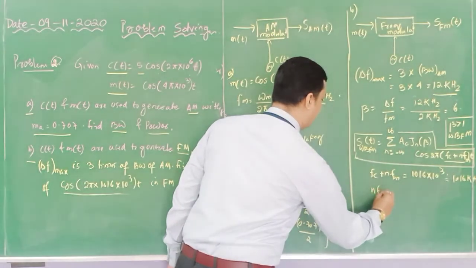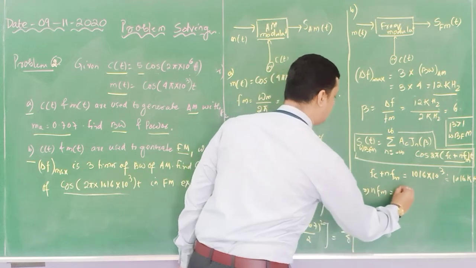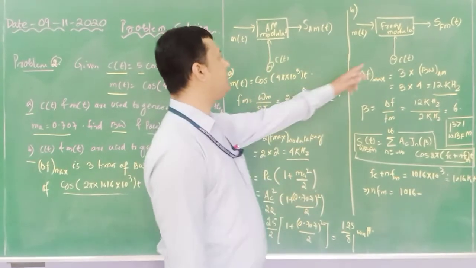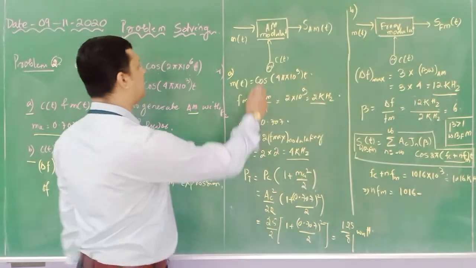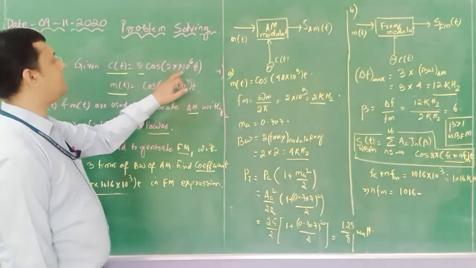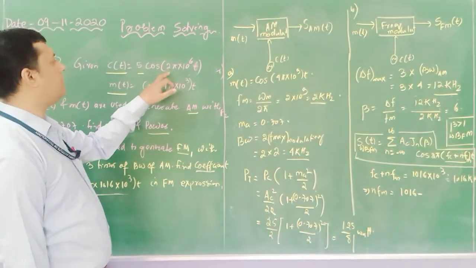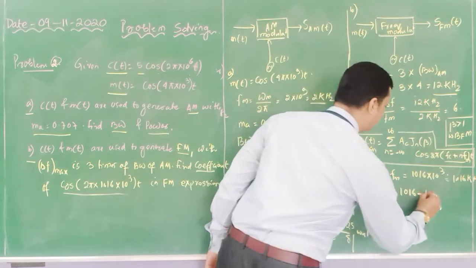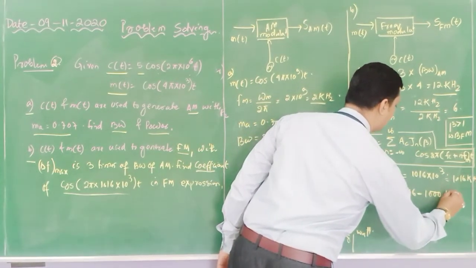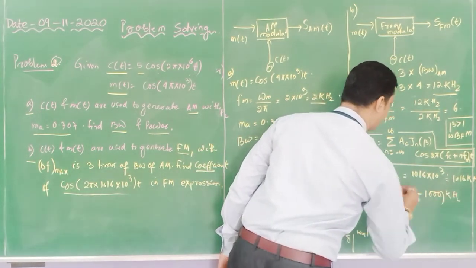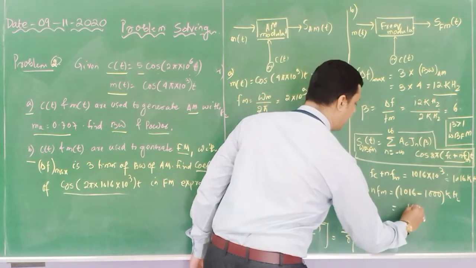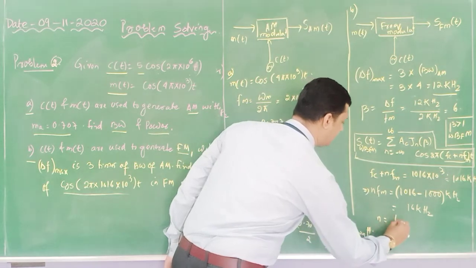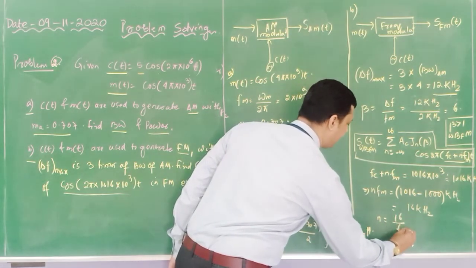Now n into Fm equals 1016 minus Fc. What is my Fc? Here you can see Fc is 10 to the power 6, because cos of 2 pi into 10 to the power 6 means 1000 kilohertz. So if I subtract, I get 16 kilohertz, and n equals 16 by Fm.